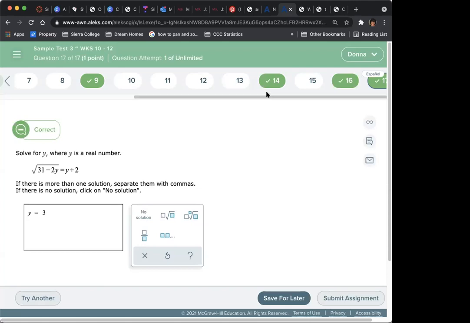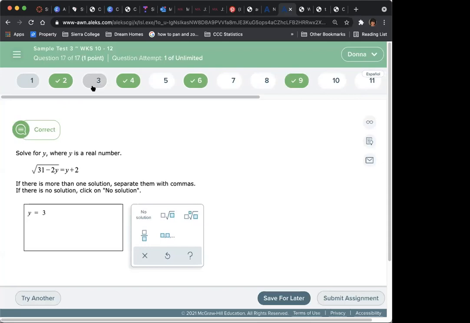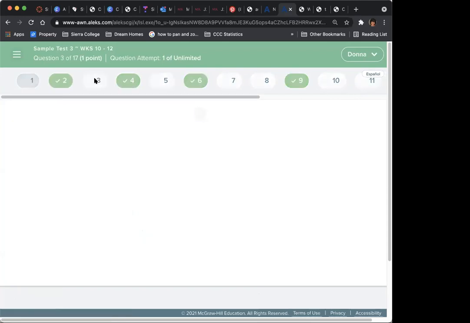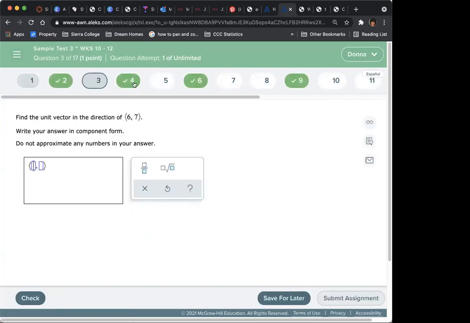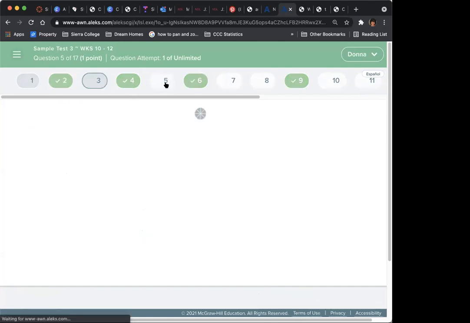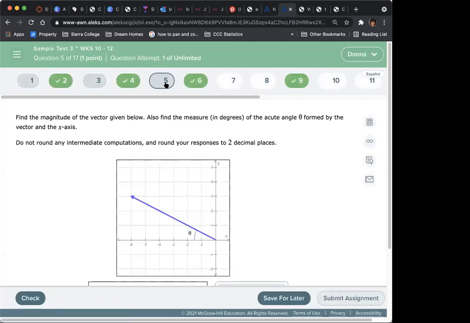I did the law of sines, but I don't think I did a law of cosines one. And I remember someone asking about a law of cosines. So let's see if we can find one that has a law of cosines.